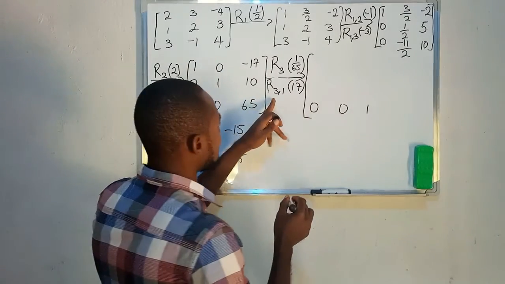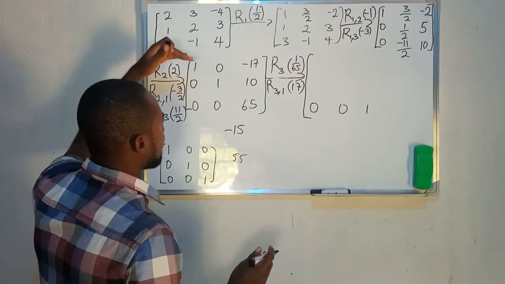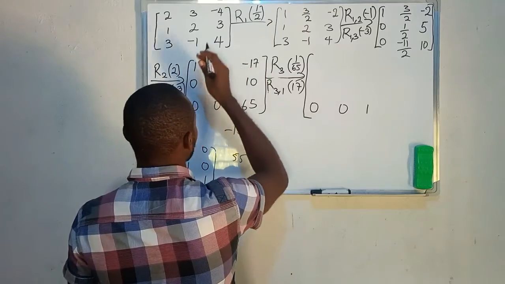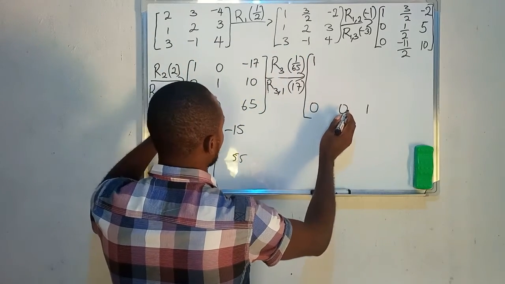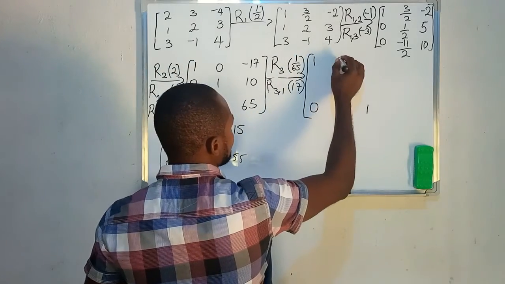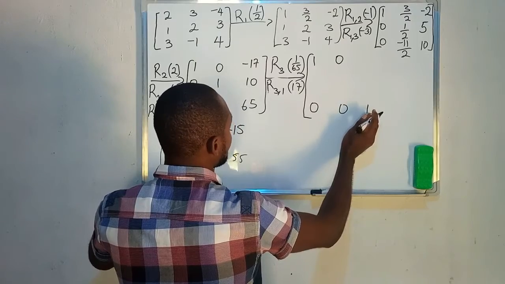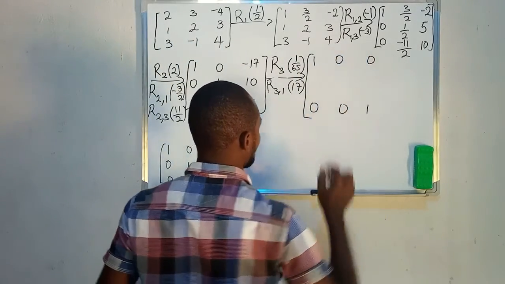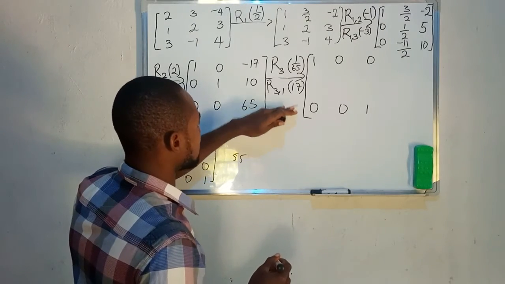So we are going to multiply this by 17 and add it to what we have in our first row. So if we multiply this with 17, we have 0, 0 plus 1 will have 1, and then multiply this with 17, we have 0, 0 plus 0, we have 0 here, and then multiplying this with 17, we have 17. So 17 minus 17 will give us 0 here.